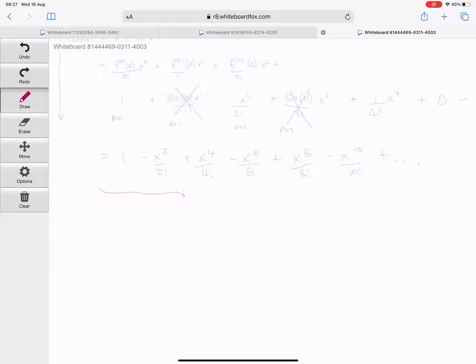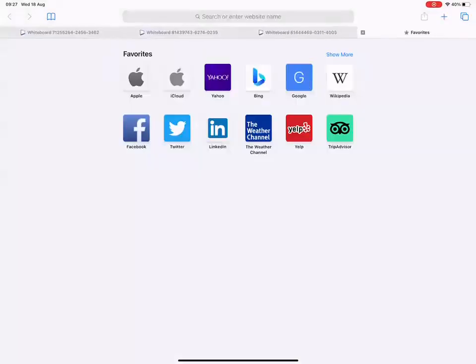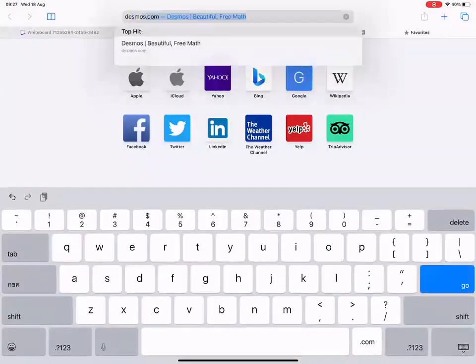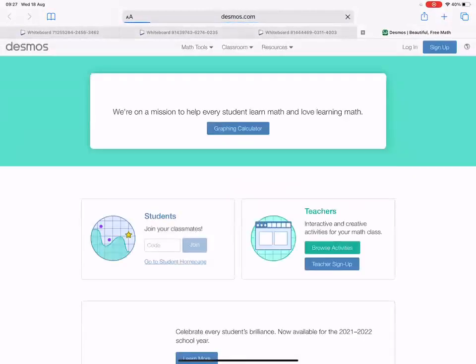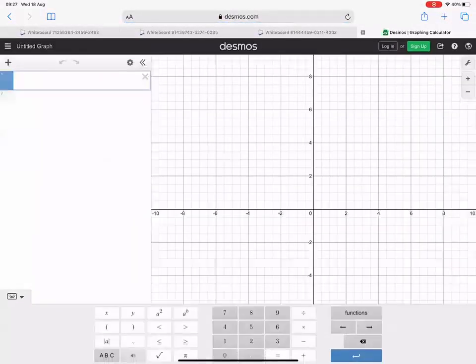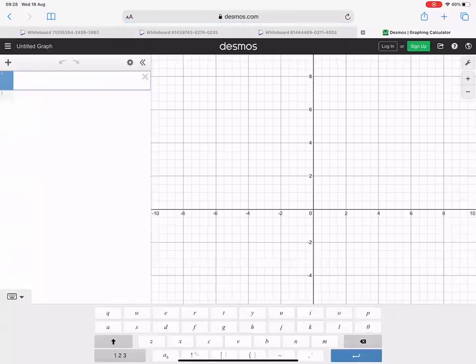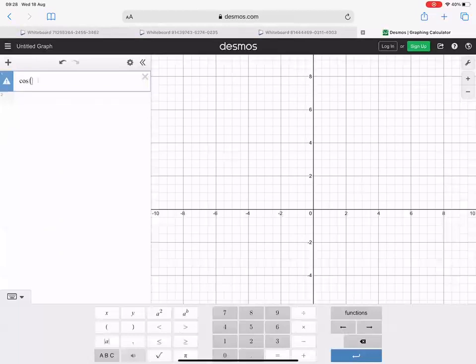I'm just going to take the first 2 terms as an approximation and just put them into Desmos just to show you that that actually works. So what was it? Cosine of x.